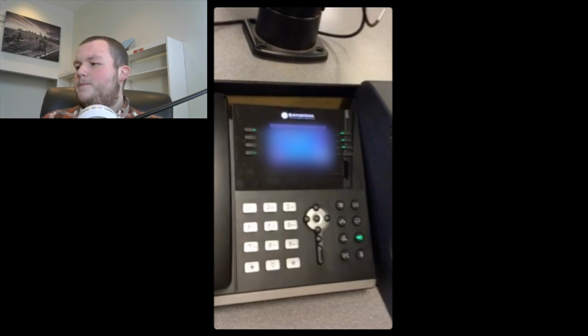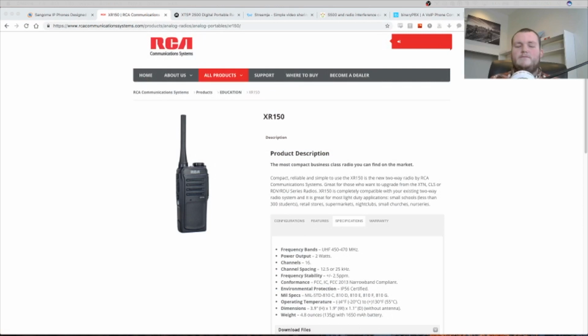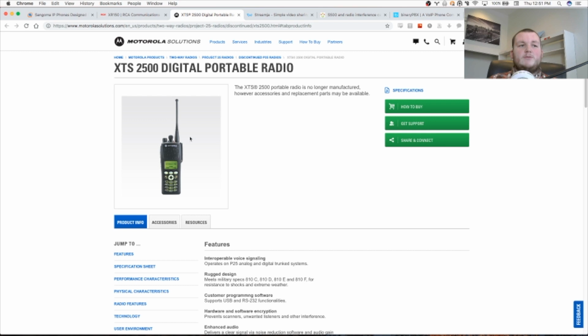So I messaged one of my acquaintances that I know works with a lot of two-way radios. He happens to work with the Motorola XTS 2500. This is a public safety radio. It's mostly for police, fire, EMS, those types of things, you know, just standard public safety. He happened to have a Sangoma S705 available to him next to the radio.